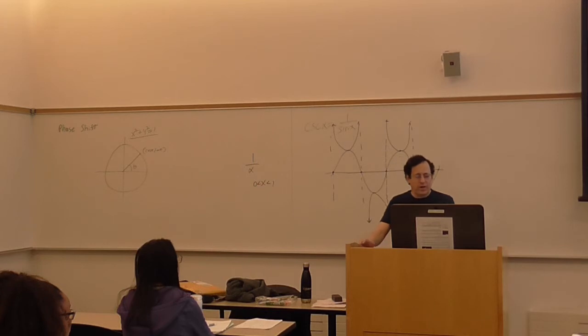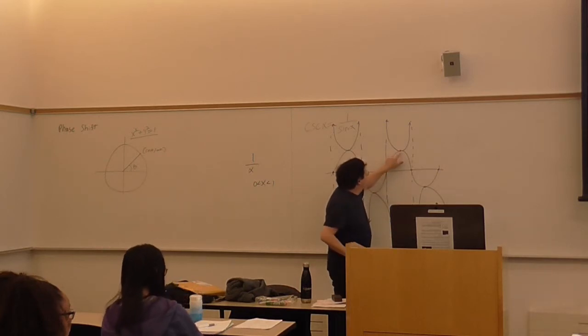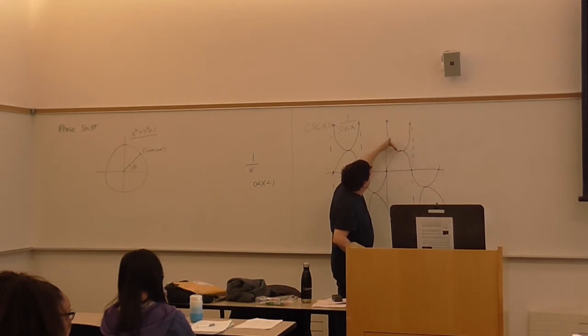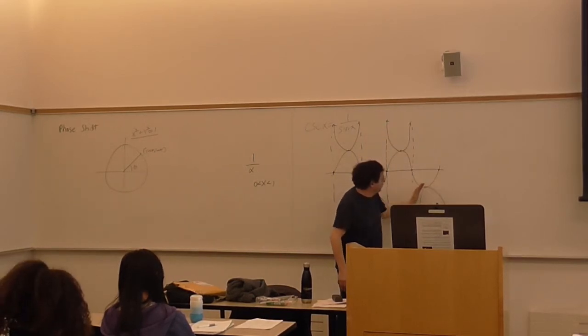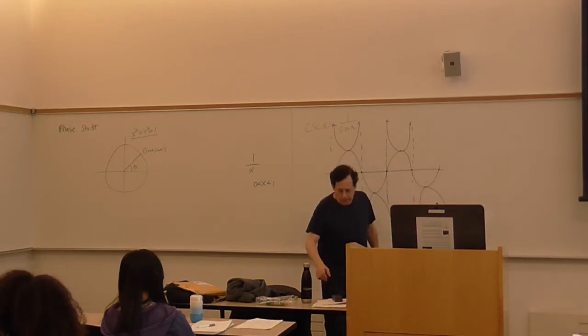So this is why I say it's a good idea to put in the sine function first. The peaks and the troughs of the sine function tell you where the cosecant function has its minimum and its maximum.